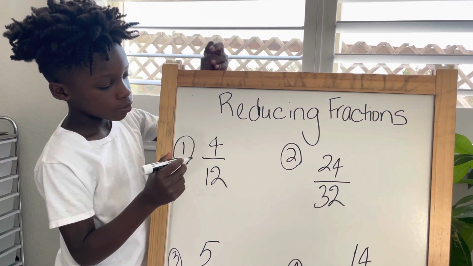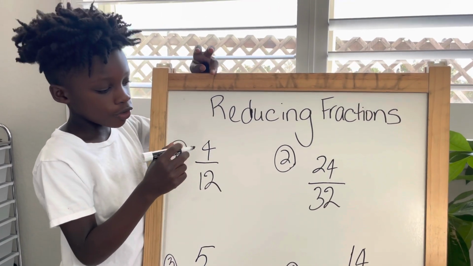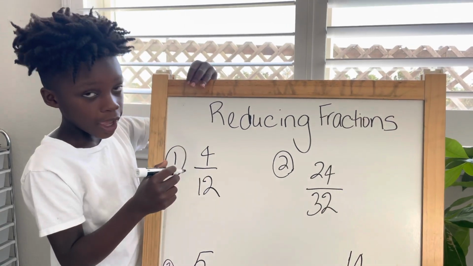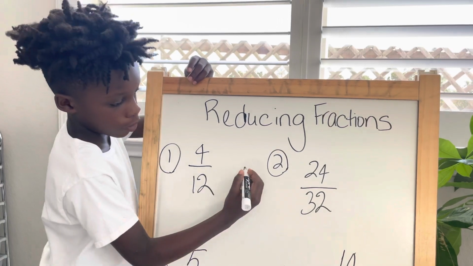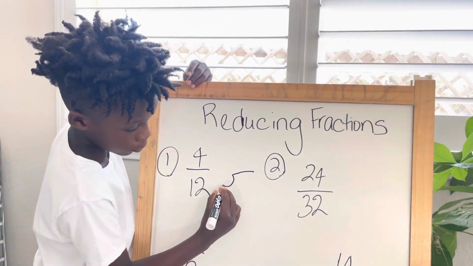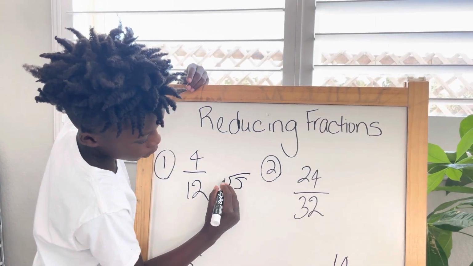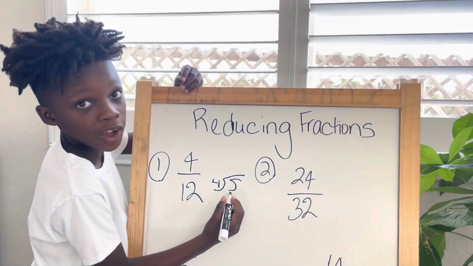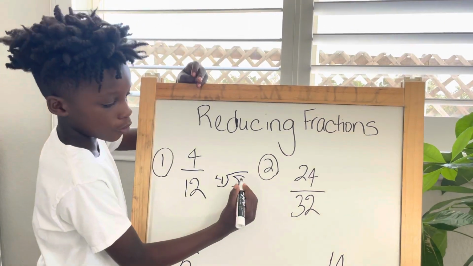First of all, we have to find a number that you can use to divide both the numerator and the denominator without having a remainder, which, if you don't remember, I taught before. So 5 divided by 4, how many times can 4 go into 5? Well, once, because if you do 2 times, then it would be 8.